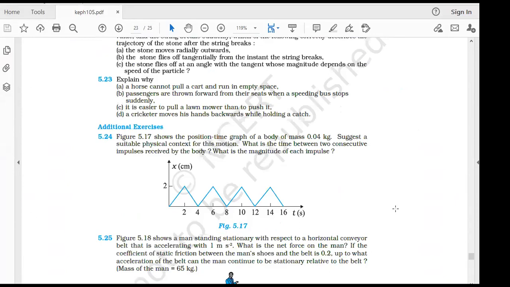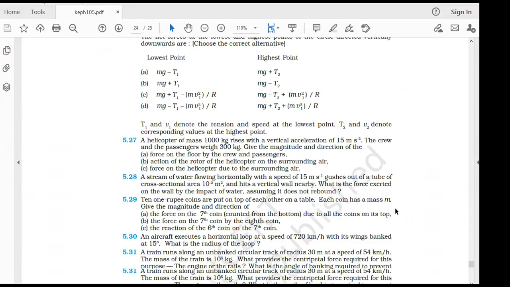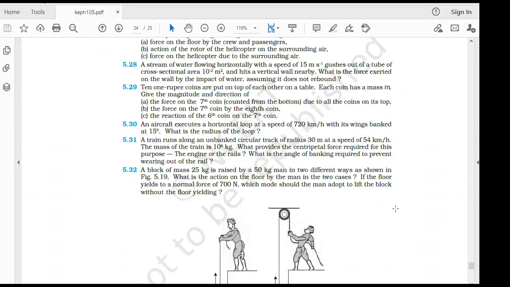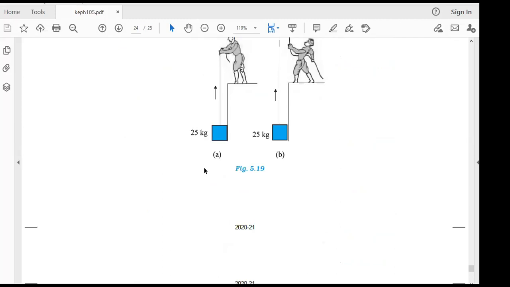You told us to do 33, 36, 35, 34. Okay, any problems which you didn't get the answer? Anyone else? Any problems which you tried but were not able to solve?